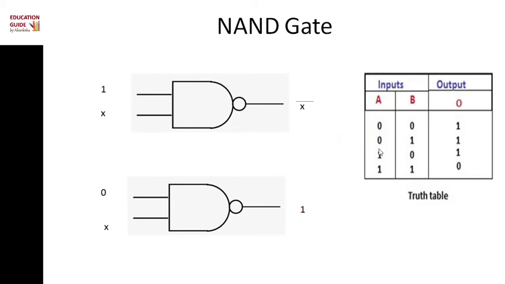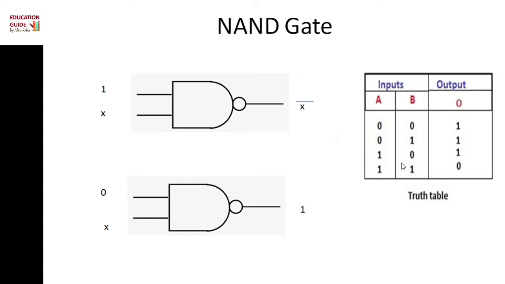If we give 1 0, then we get output 1, and if we give input 1 1, then we get output 0. But when we apply 1 and we don't know about x, whether it is 0 or 1, then we get output x bar.